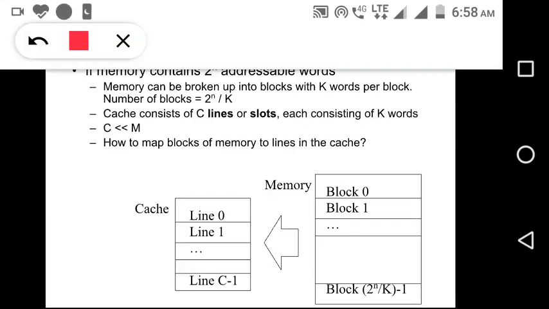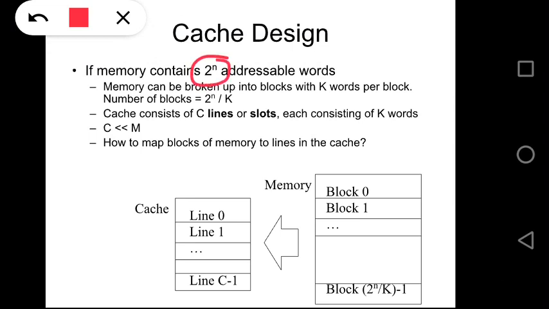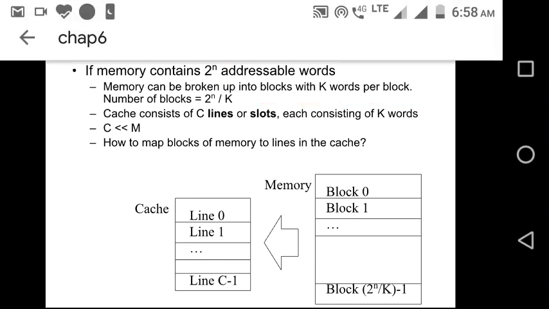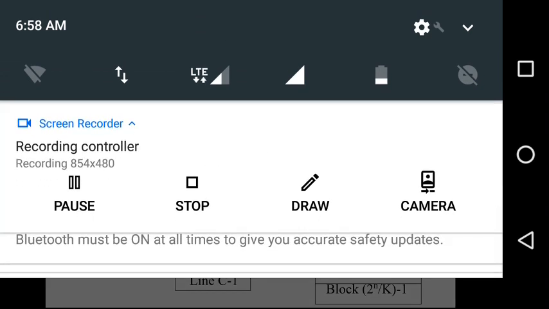So if the memory contains 2 power n addressable words, and memory can be broken up into blocks with k words per block, now can you guess how many blocks would be there in the memory?